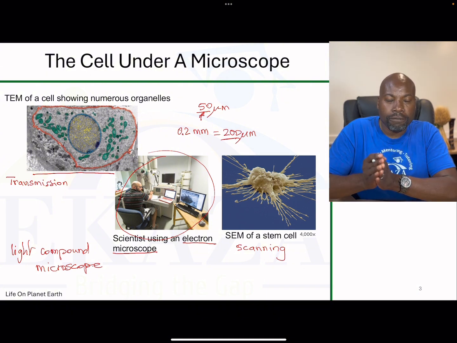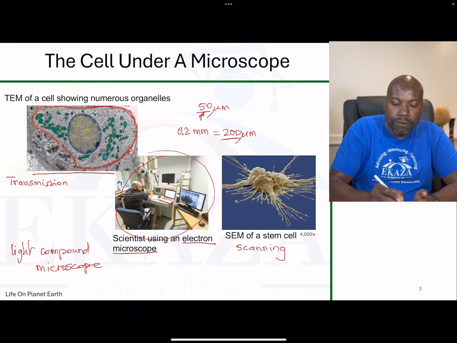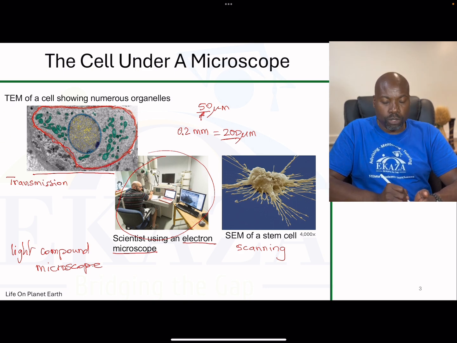A micrograph is a photograph that is taken with a microscope, right? Now, the red line that you see here is the limit of this eukaryotic animal cell that is observed under an electron microscope.